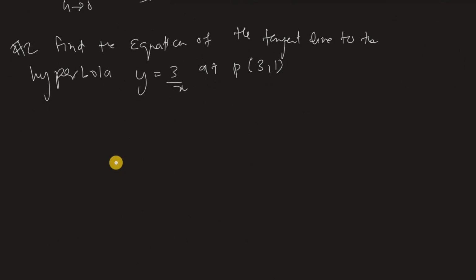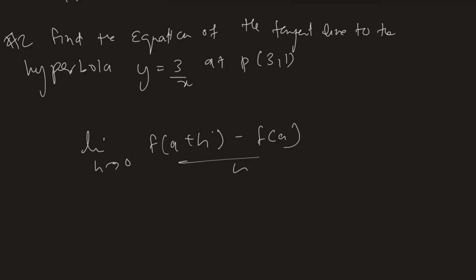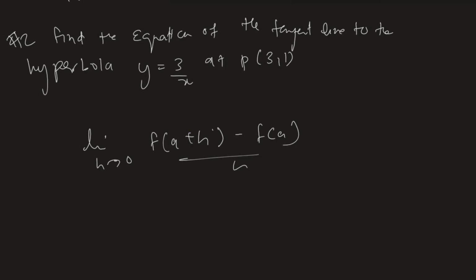Alright, so moving on to our second question, we have to find the equation of the tangent line to the hyperbola y equals 3 over x at the given point. So we're going to write the formula again. Okay, now once we have the formula, we have our a, and this is our f of a, so we simply have to plug into the formula.